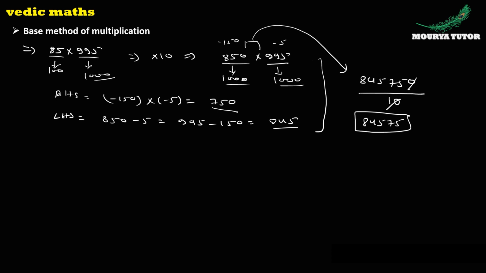Okay, now you may ask once again one question. Can we multiply 48 and 46? Let's take the base 100. If you take the base 100, then the differences will be minus 52 and minus 54.